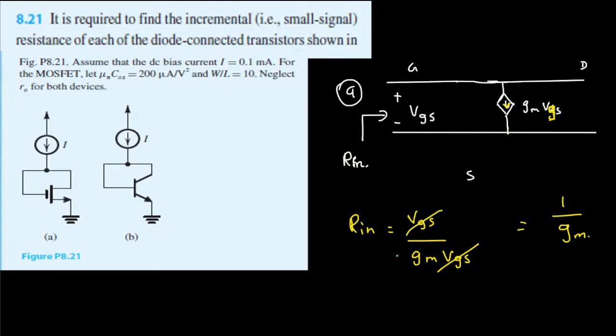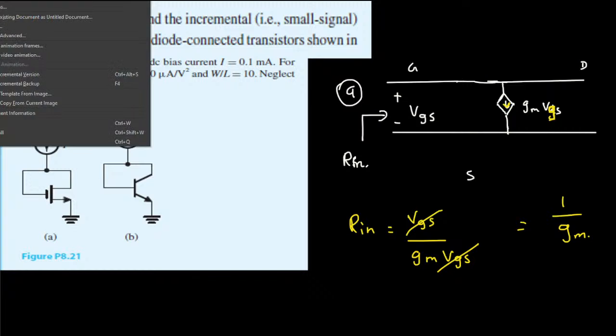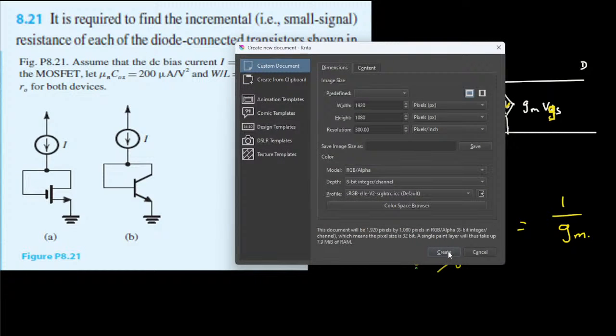There are two ways you can go about it. One way is to use the current equation and solve for the unknown variable, or you can directly use the gm equation. Let's try using the gm equation directly and see what is missing. The transconductance gm is given by mu n Cox W over L times the overdrive voltage.